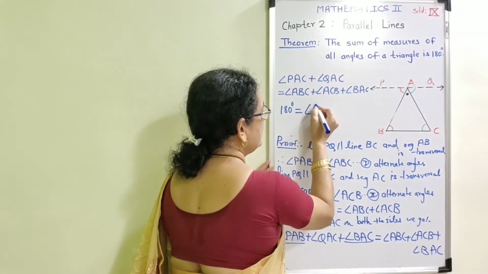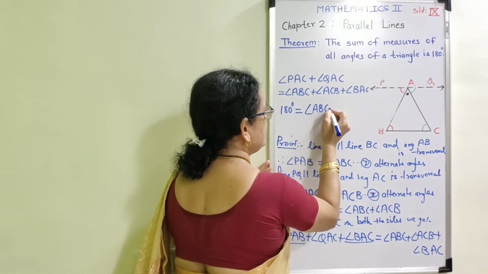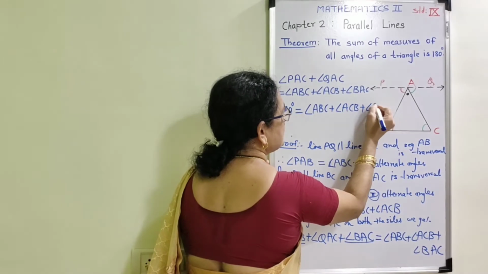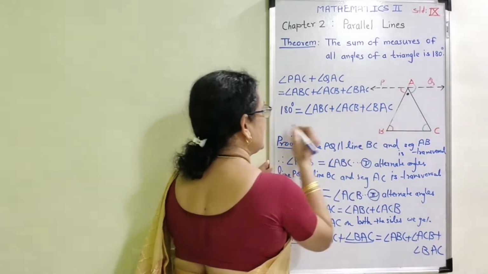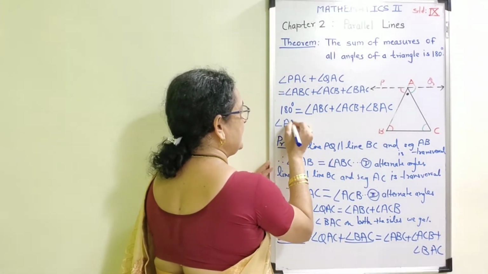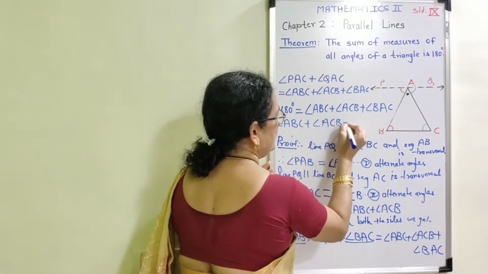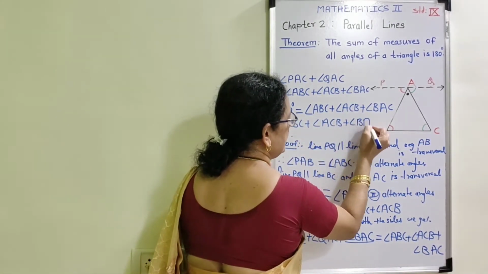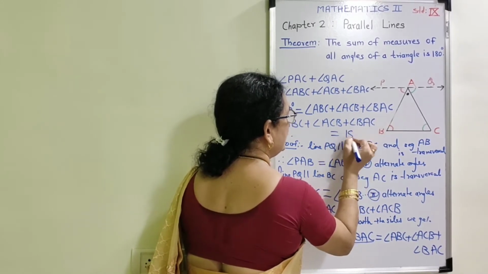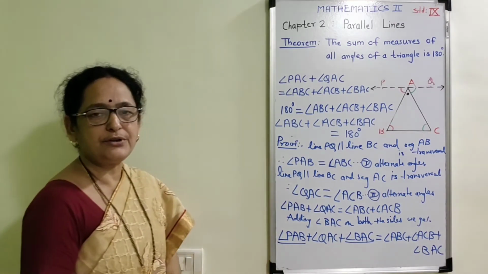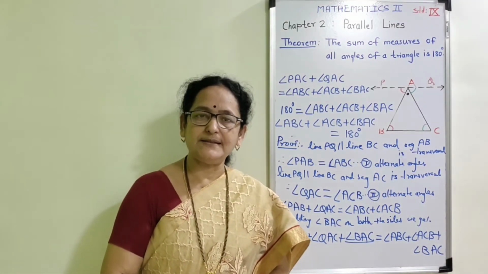Therefore 180 degree is equal to angle ABC plus angle ACB plus angle BAC. And this is what we are going to prove, that angle ABC plus angle ACB plus angle BAC is equal to 180 degree. This proof is very important related with our exam.